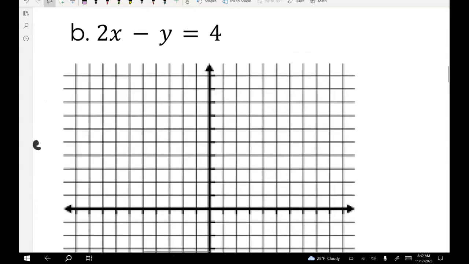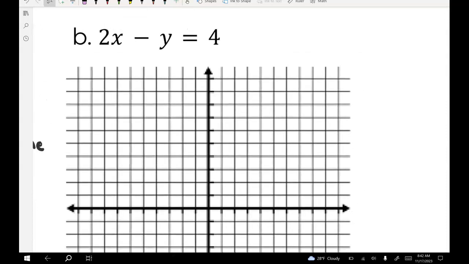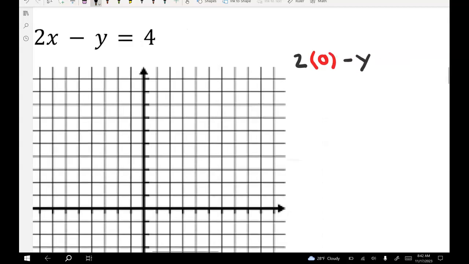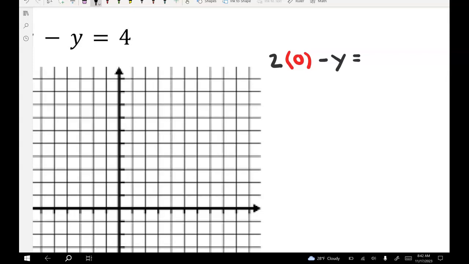So this one we have 2x minus y is equal to 4. So the first step, like we said last time, is plug in 0 for x. So I'm just going to write 2, and then instead of x, I'm writing parentheses 0, minus y is equal to 4.